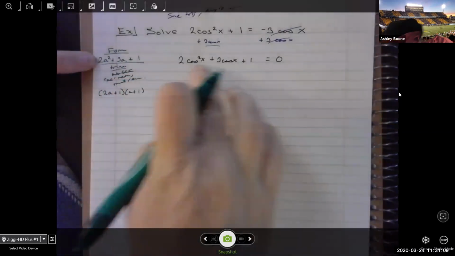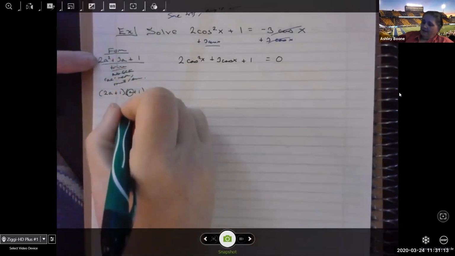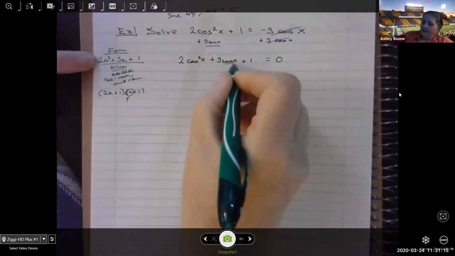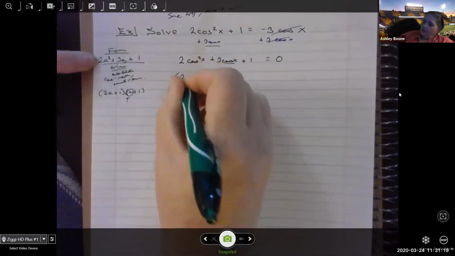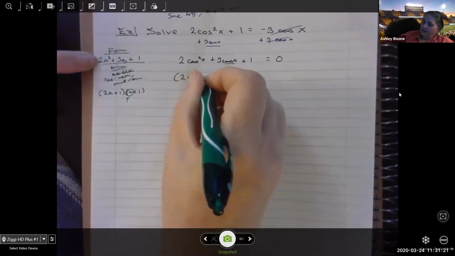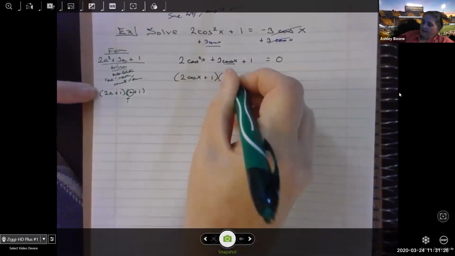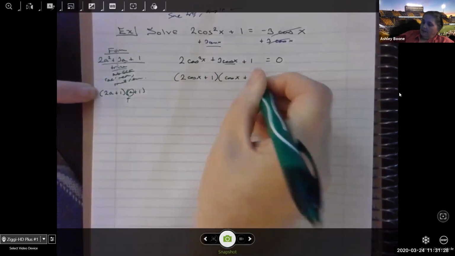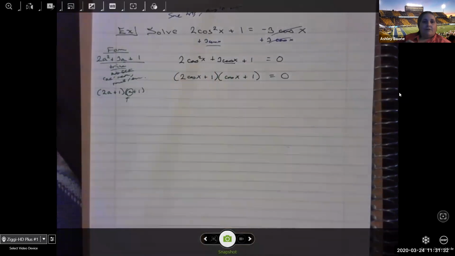Well, it's the same form here, except instead of an a, we have a cosine of x. So the factored form of this is actually 2 cosine of x plus 1 times cosine of x plus 1. So you can factor when it fits that form.